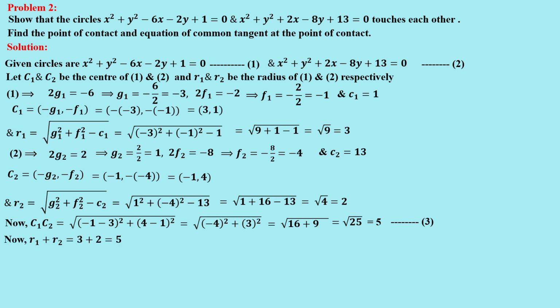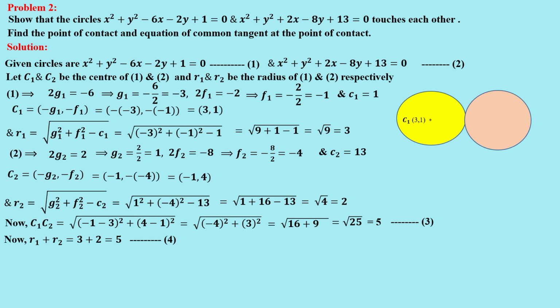Now the sum of the radii, r1 plus r2, is 3 + 2 = 5, that is equation 4. From 3 and 4, the distance between the centers, C1C2, is equal to the sum of the radii r1 + r2.